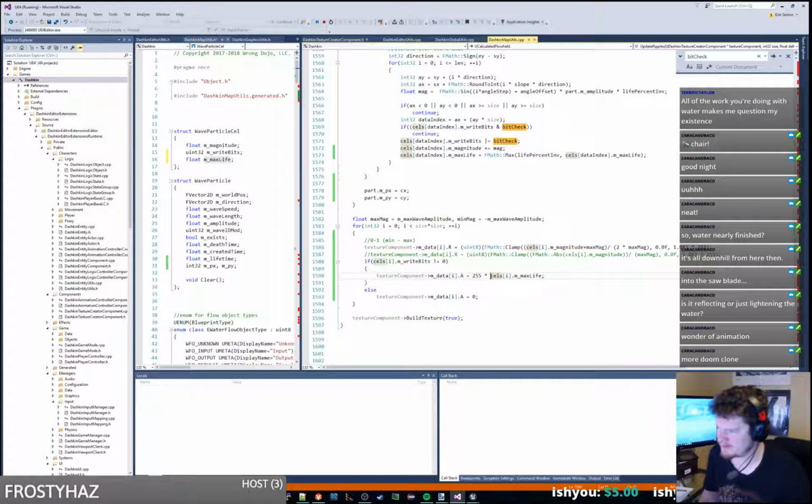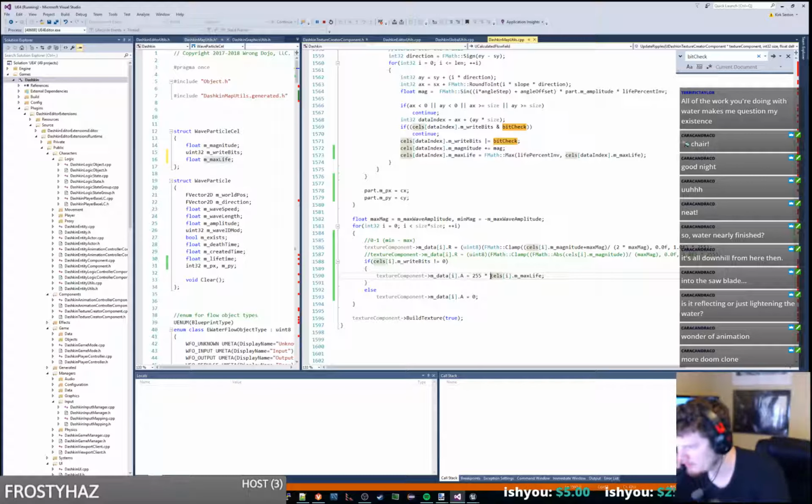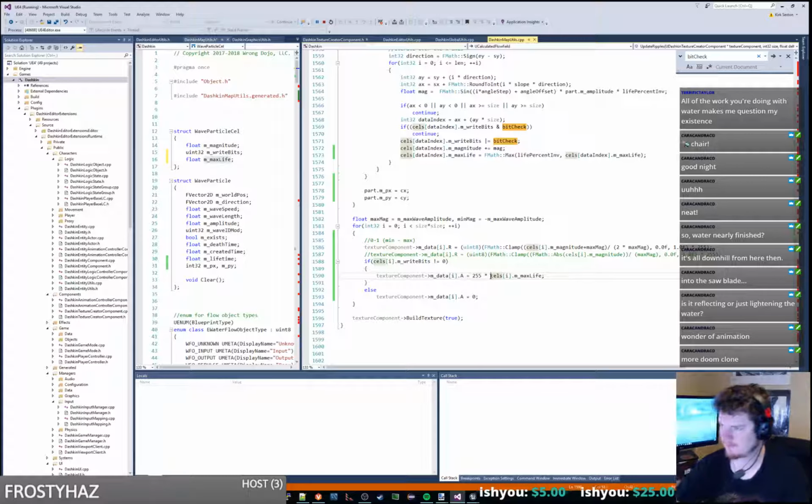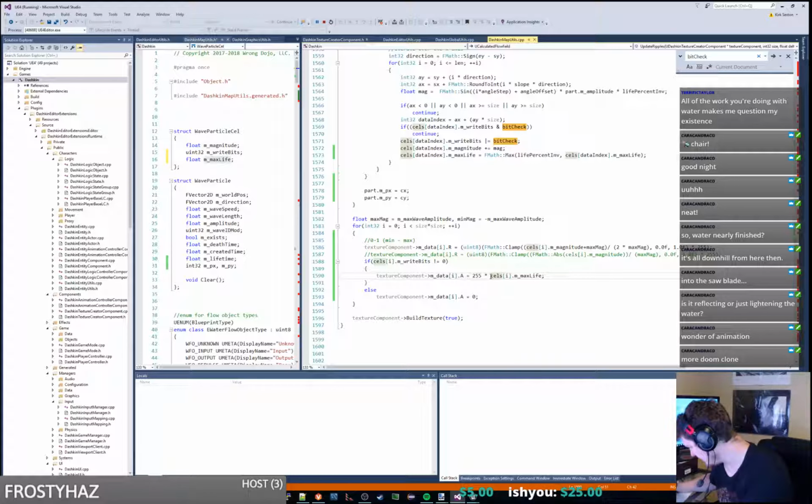If the max life is less than a specific amount, maybe we can multiply it out or something. So max life is going to go from 1 to 0, and we want the last 25% of its life to be clamped. So we want it to go from 0.25 to 0 linearly.